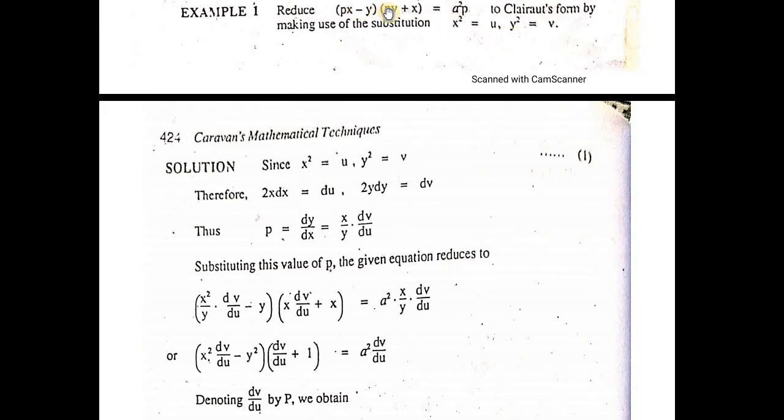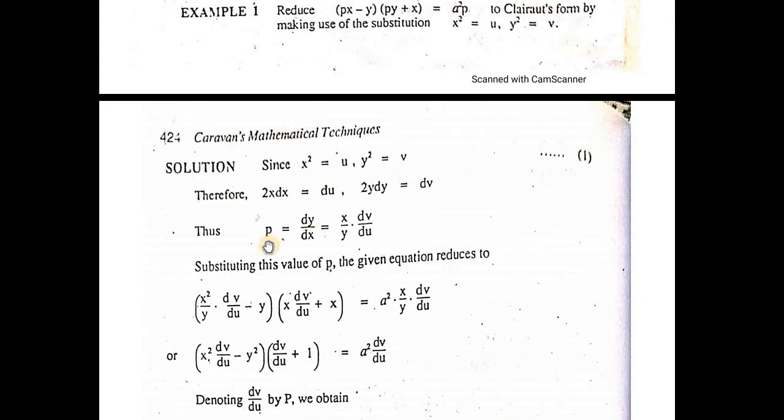This is a differential equation, and we have been asked to reduce it to the Clairaut's form by using the substitution. Solution. Since x square is equal to u, y square is equal to v, taking differential of these two equations, we get 2x dx is equal to du. Similarly, differential of the second equation is 2y dy is equal to dv.